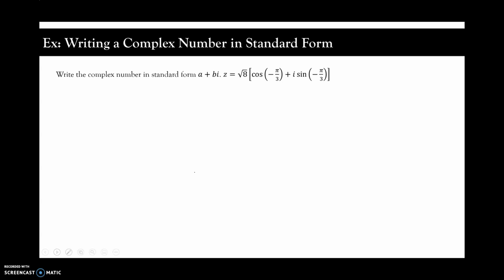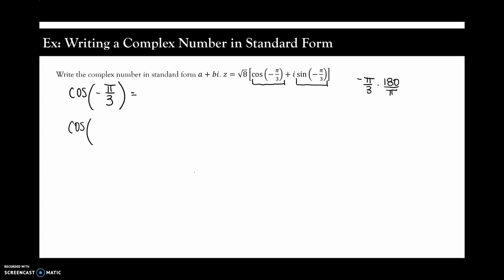So here's a question where you are given a complex number in trigonometric form, and I want you to write it in standard form. So cosine of negative pi over 3, we're going to figure out these guys first. If you don't like radians, you can convert this to degrees. I'll do that over here, negative pi over 3 times 180 over pi.